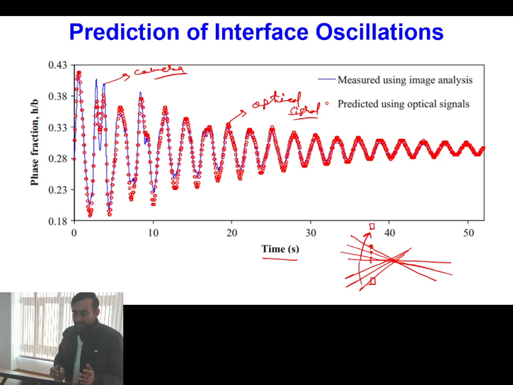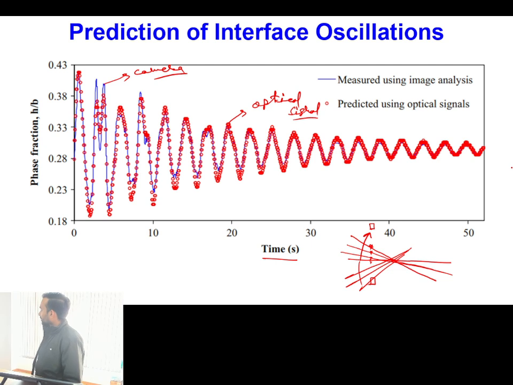That type of signal we are easily able to capture using this optical measurement. Is this point clear? This type of test confirms that the data measured from the optical signal can also be used for measurement of dynamic interfaces.